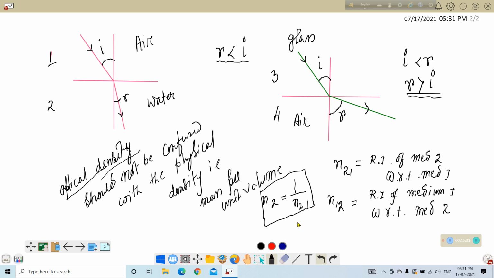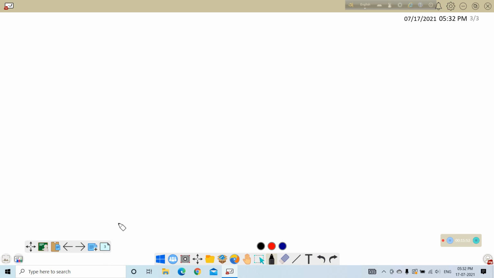Now there is some valuable information regarding optical density, regarding refractive index, etc. You have to follow the matter. I am taking the third page.